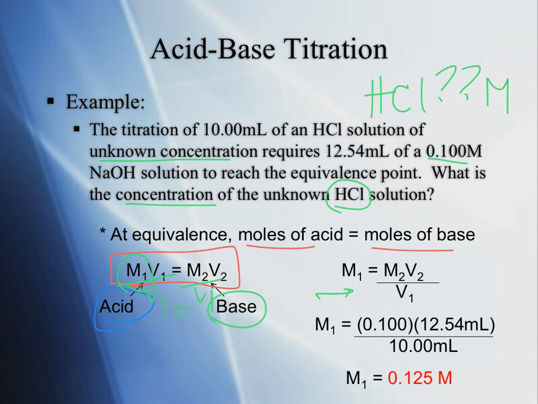If we solve that math, the milliliters are going to cancel, and we're going to end up with molarity in the end. So 0.125 molarity was the concentration of our unknown acid. And we found that out by using our dilution equation, M1 times V1 equals M2 times V2.